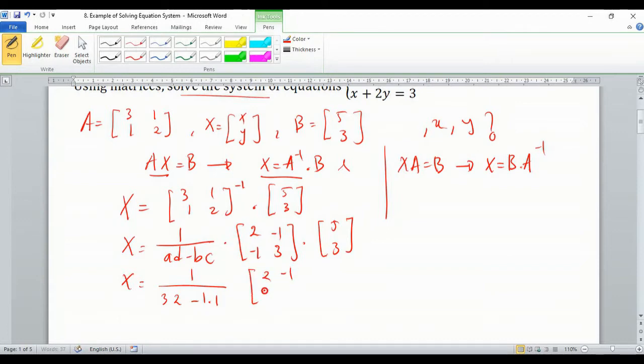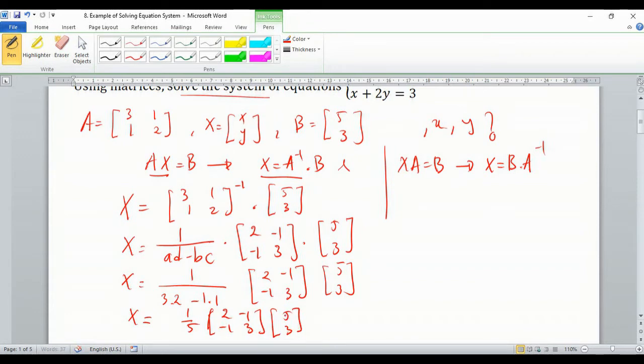Because there is a scalar in front, simplify first: 3 times 2 is 6, minus 1 is 5. So it is 1 over 5 times the matrix 2, minus 1, minus 1, 3, times 5, 3.